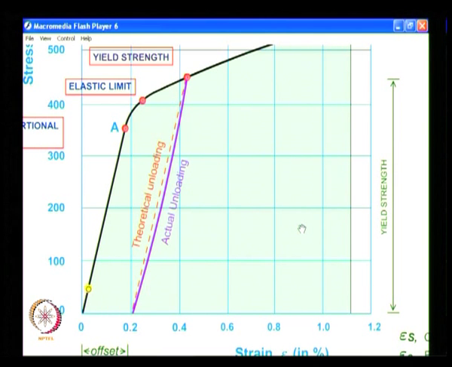2000 micro strain. And what you have here is the proportional limit, the elastic limit, and the yield strength. So, at 2000 micro strain, the material has yielded, but you permit that to find out the yield strength of the material when you are not able to accurately locate it in your stress strain curve.